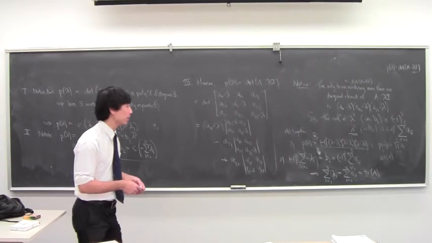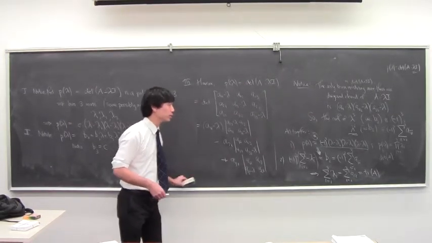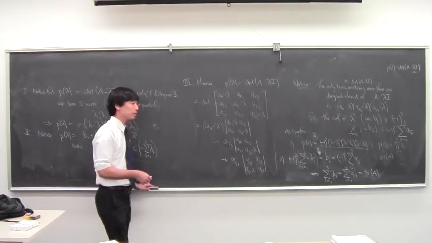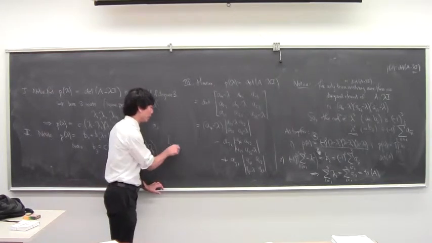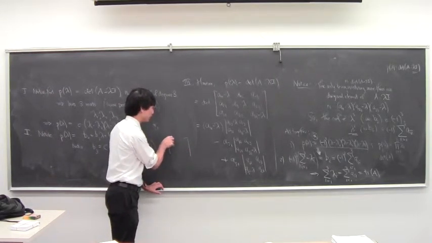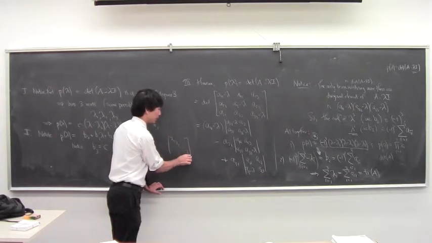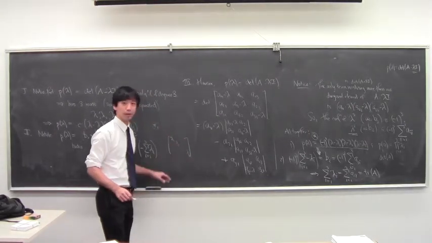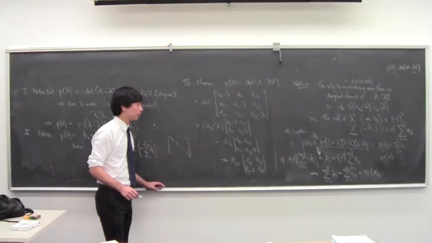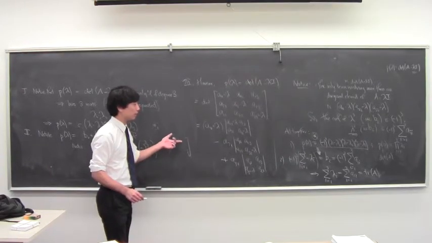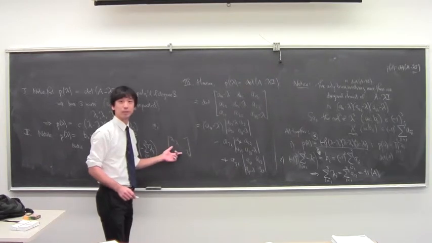So it's basically saying that the determinant and trace of your matrix are the same as if your matrix were a diagonal matrix of eigenvalues. It has the same determinant and trace as this matrix.